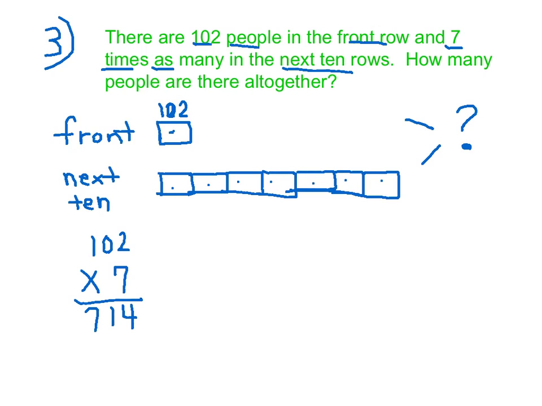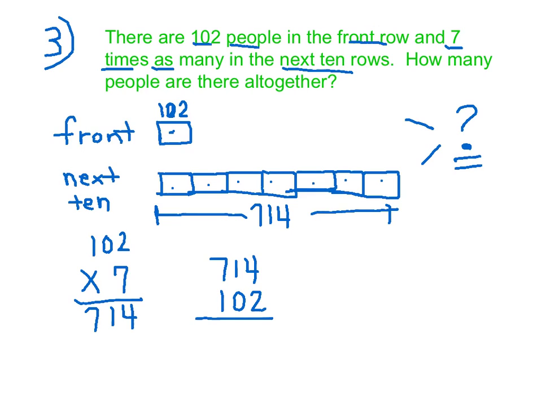So there's 714 in the next 10 rows. But my question is how many there are in all. So I've got to put that together, 714 plus the 102 that are in the first row. And that would be 816 all together.